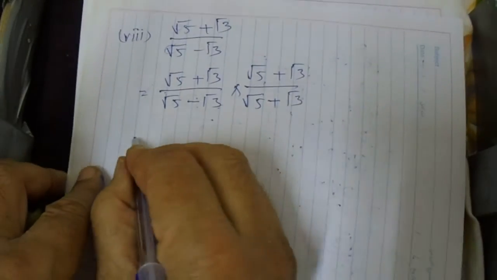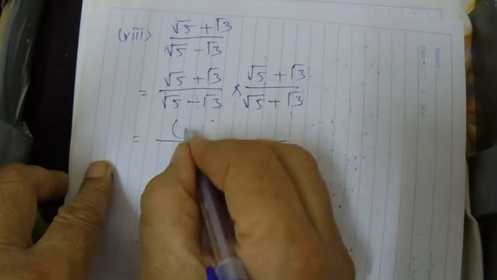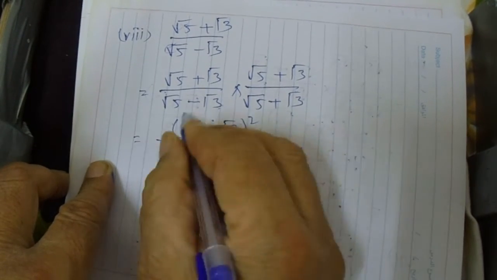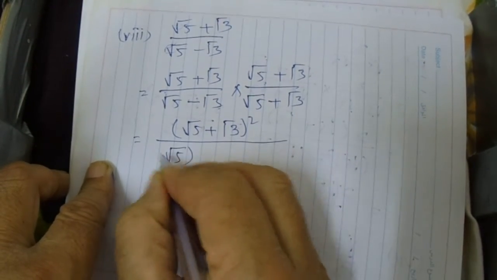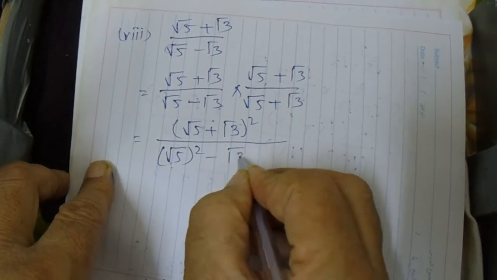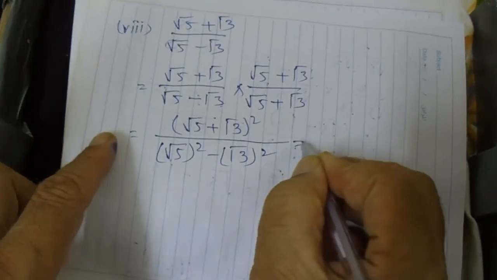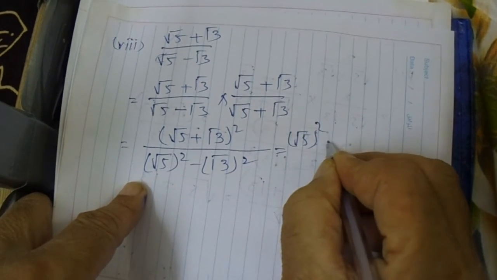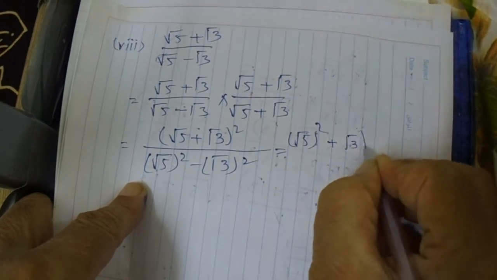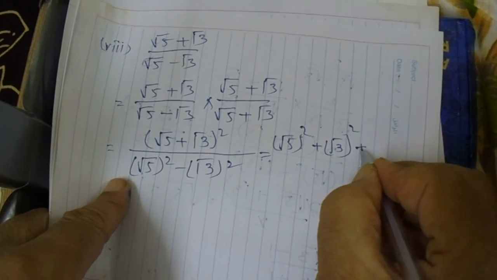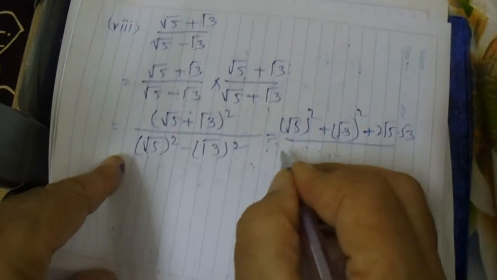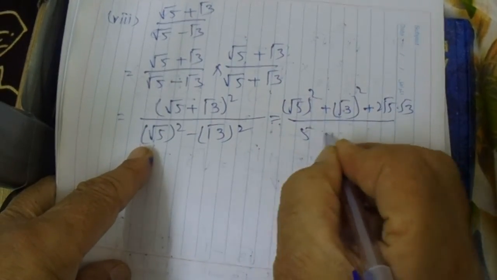Here in the numerator is the square, under root 5 whole square plus under root 3 whole square plus 2 under root 5 under root 3, over under root 5 square minus under root 3 square, 5 minus 3.